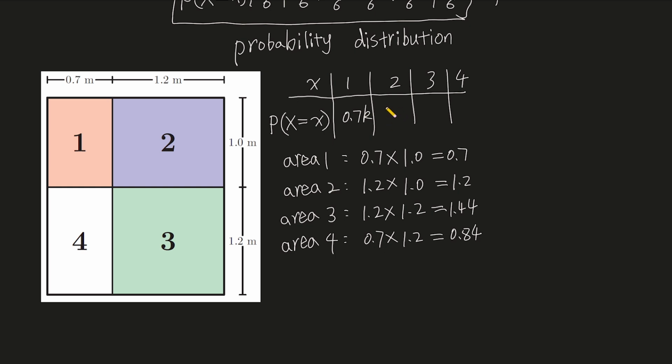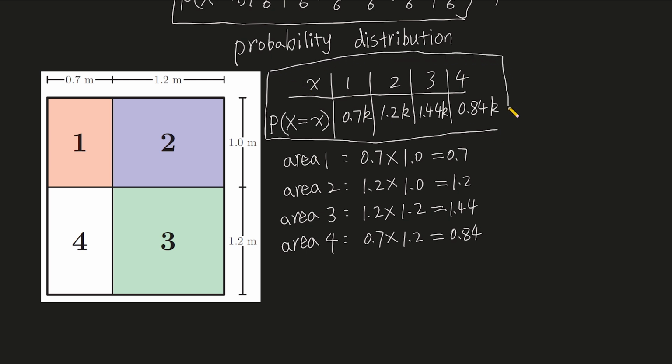So we can write this probability as 1.2k. And this probability is 1.44k. And the probability that the random variable equals 4 is 0.84k. So this is the probability distribution.